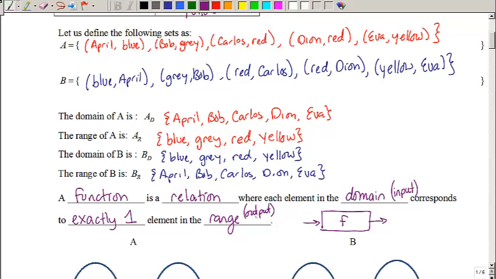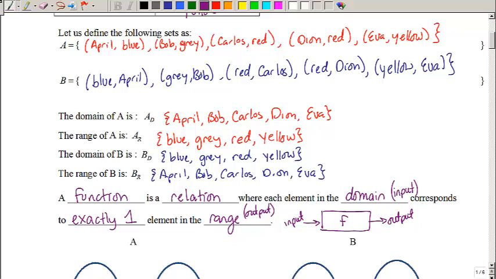So if I plug some value in my function, we'll say the input, I'm supposed to get the same output every single time. No matter what I put in for my input, I would expect the same thing to come out every time. If I put in April, I would expect to get out blue if I was talking about my set A. If I put in Bob, I would expect to get out gray, and so on and so forth.